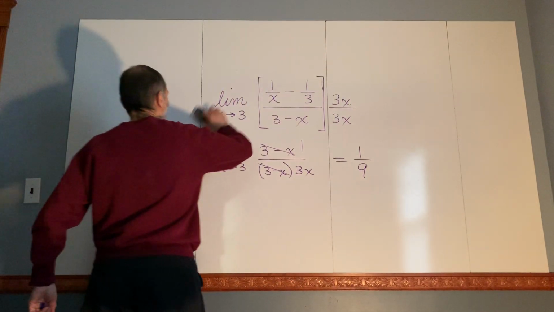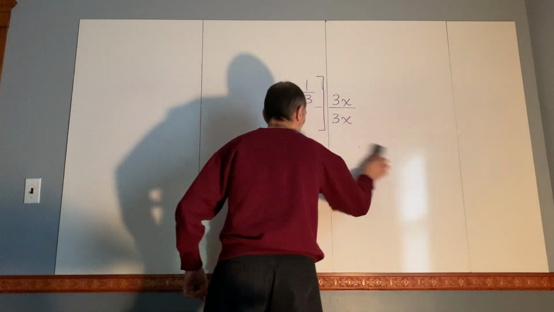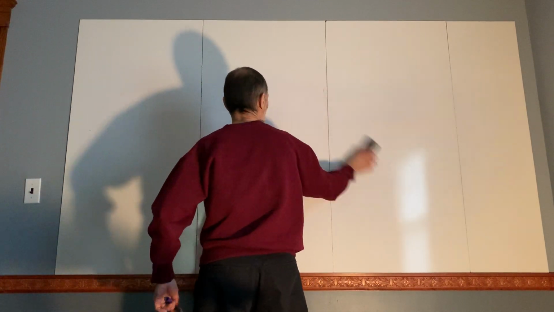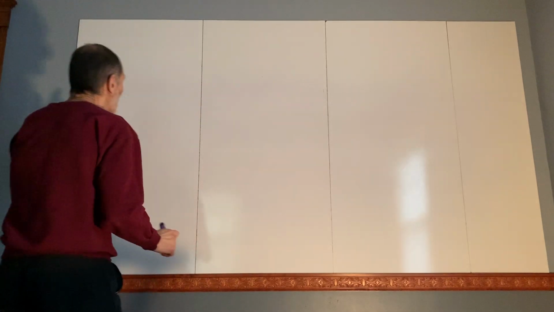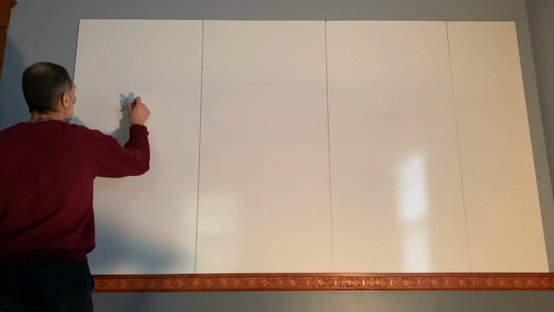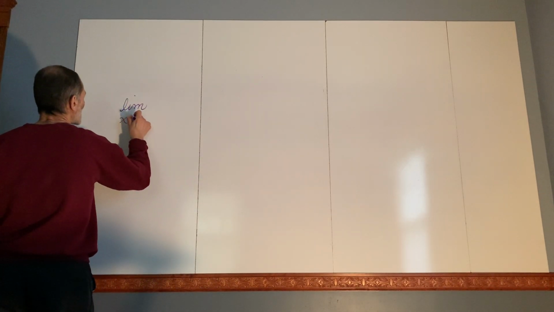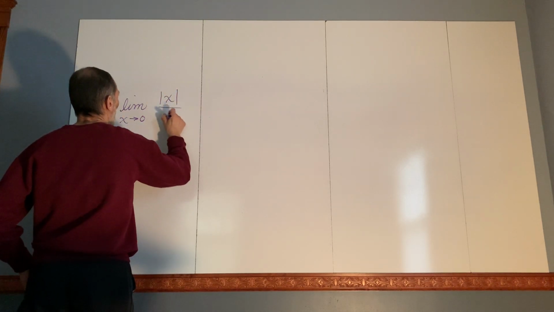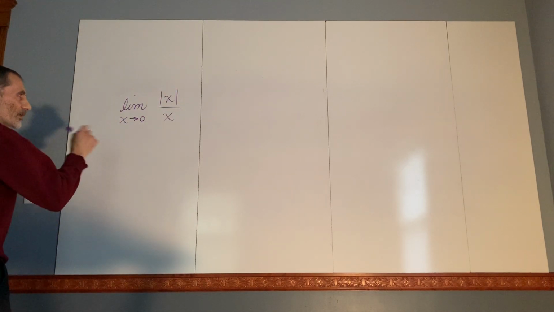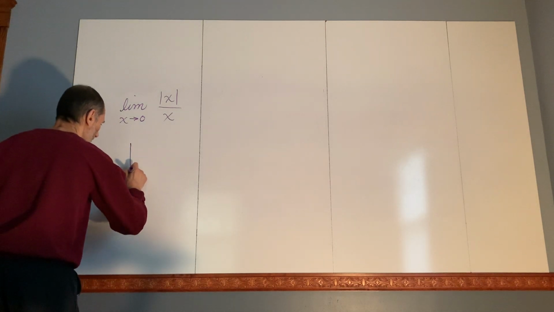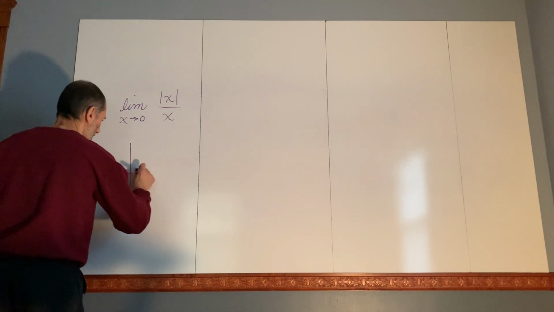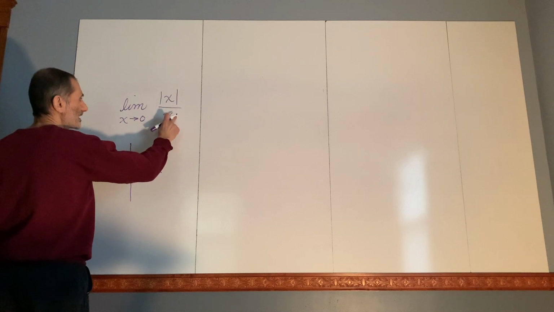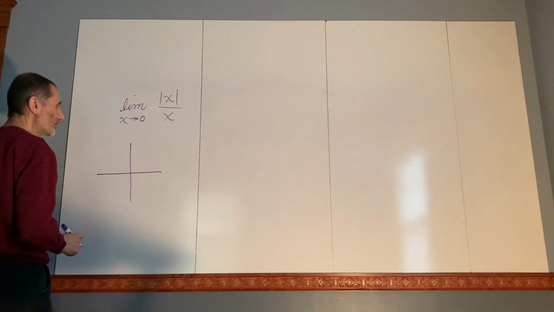We have to accept that. We'll just look at a couple of examples right now. Let's take the limit as x approaches 0 of the absolute value of x over x. If we were to draw the graph of that function, when x is positive, the absolute value of x equals x.